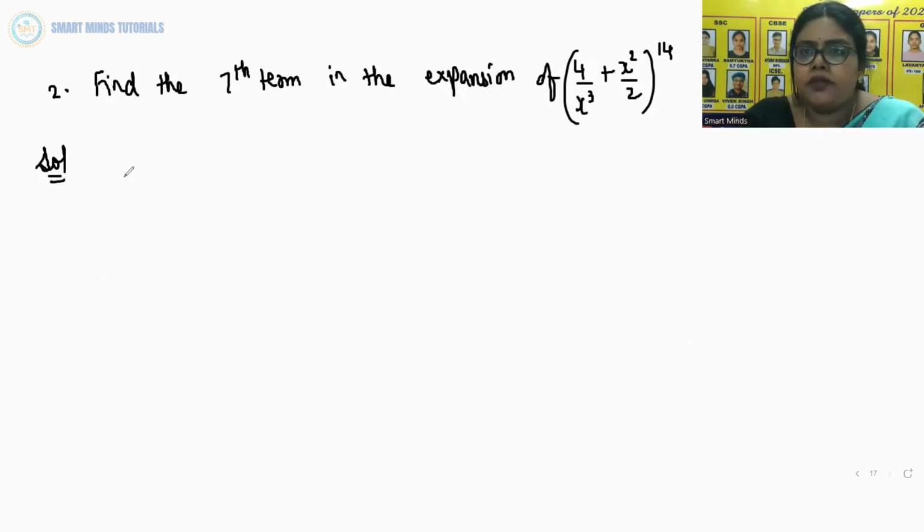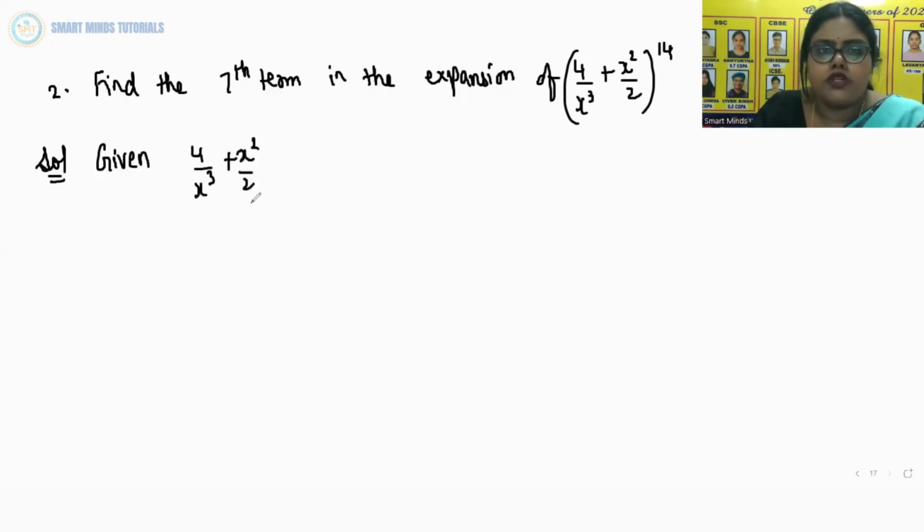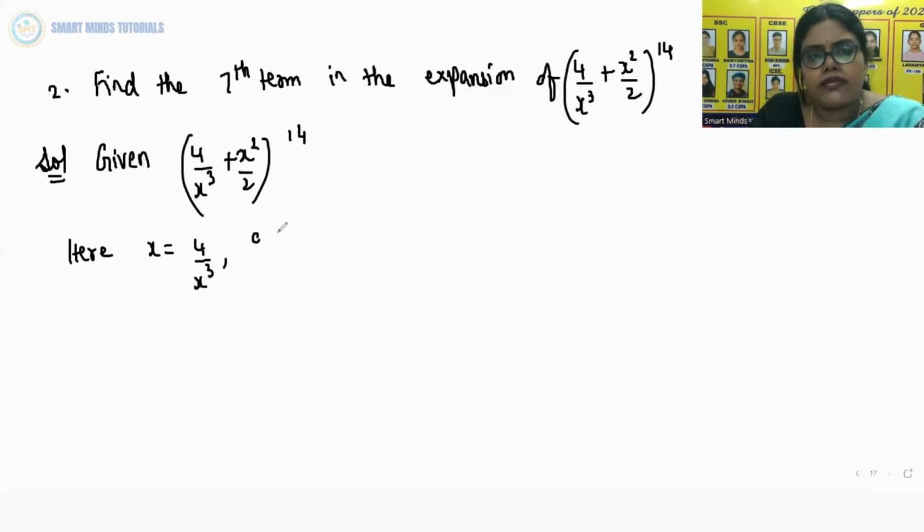Find the seventh term in the expansion of (4 by x cube plus x square by 2)^14. So first let us write what is given to us. Here the first term we take as x, that is 4 by x cube, and the second term we take as a, that is x square by 2, and the power we take as n, that is n is equal to 14.